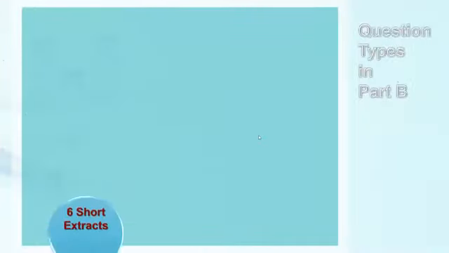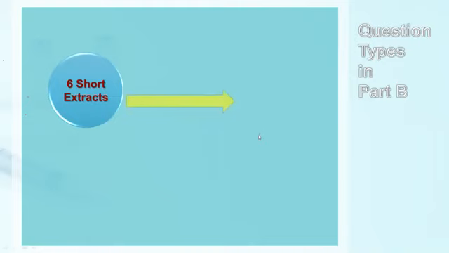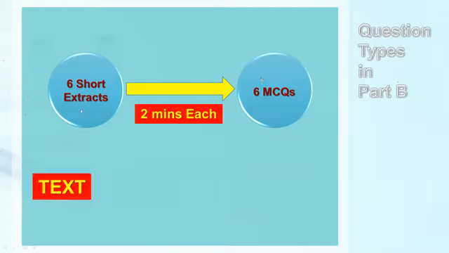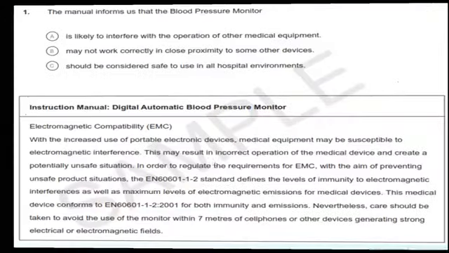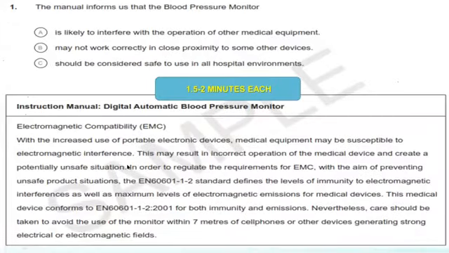While for question types in part B, there are 6 short extracts and you will have 6 MCQs. Don't consume more than 2 minutes for each question. The technique is to read the text, and after that the question prompt, and pick your correct answer. This is a sample of part B questions.